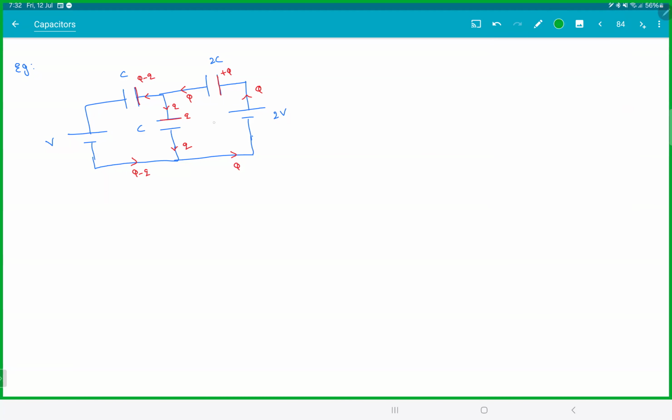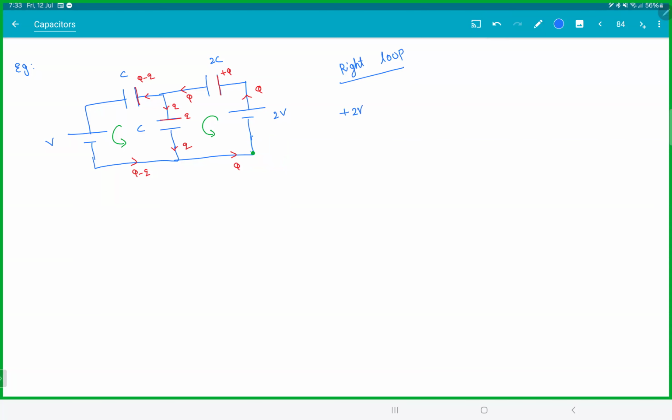Next thing, assume a loop. I will assume this is one loop, and this is another loop. You have to go in a loop. So I'll start from here and go this way. Look at the right loop, and listen carefully to the convention. Going through the battery, negative to positive, so plus 2V.